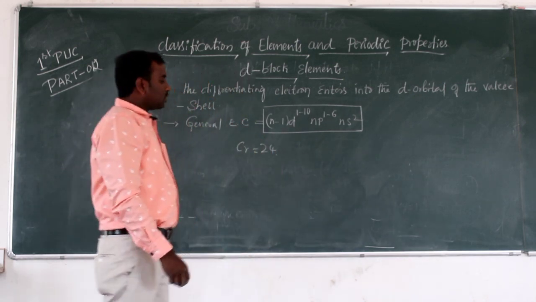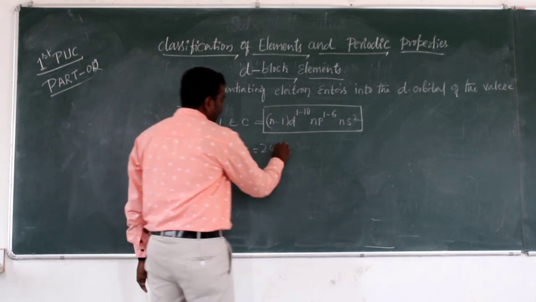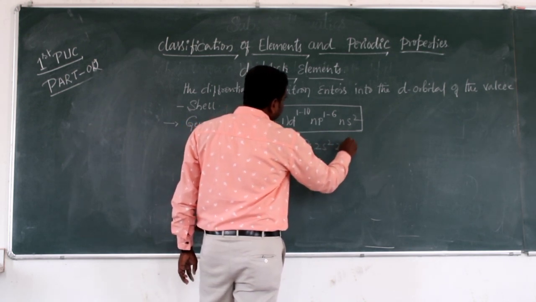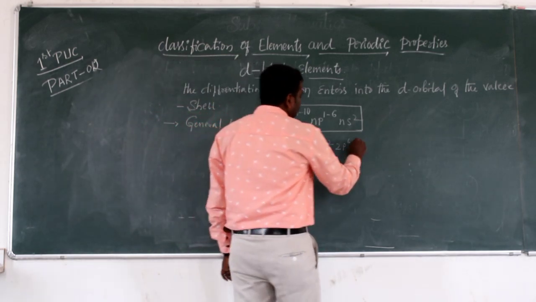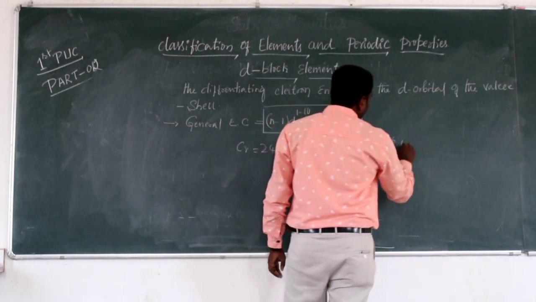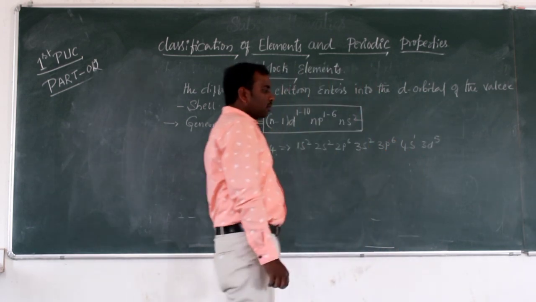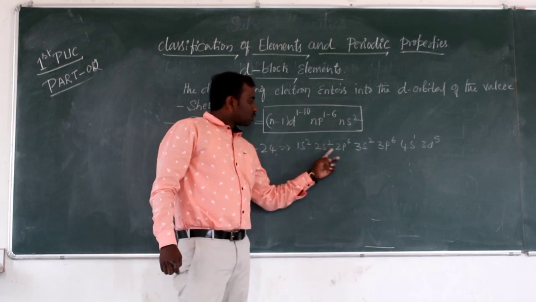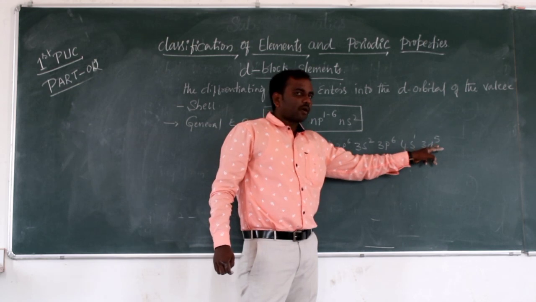What is its electronic configuration? 1s2, 2s2, 2p6, 3s2, 3p6, and the remaining 4s1, 3d5.